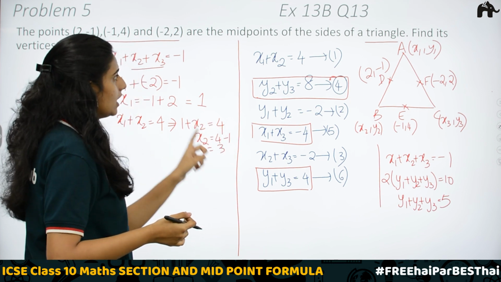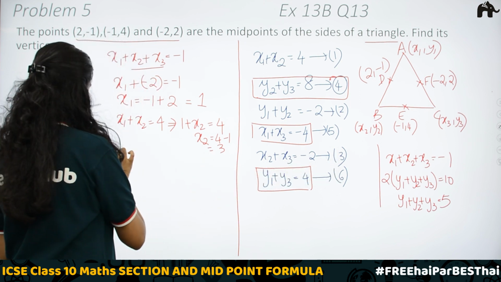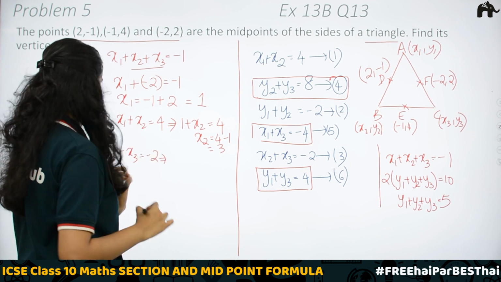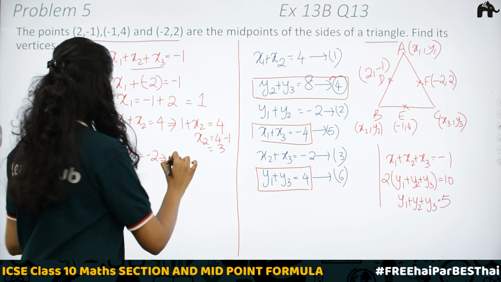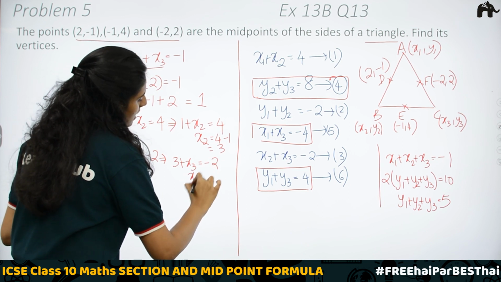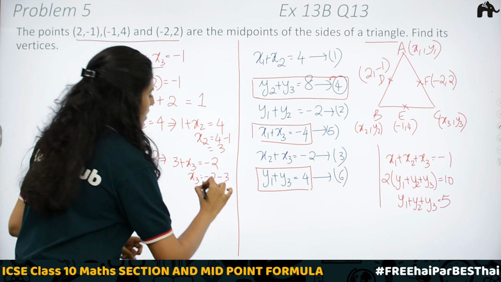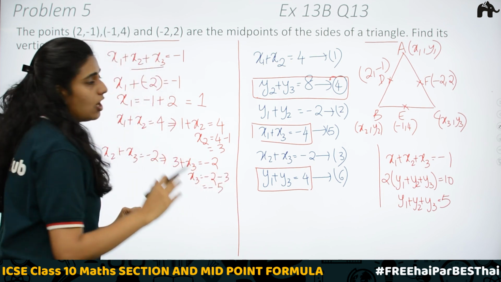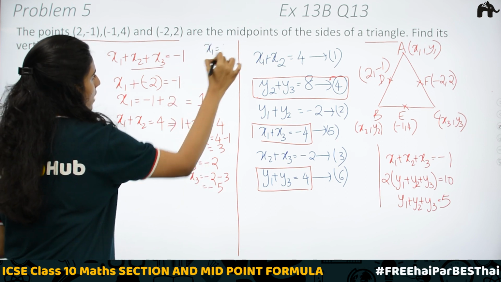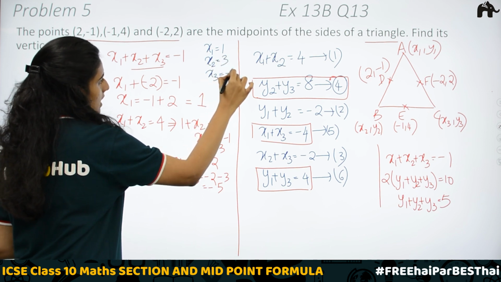Now substitute the value of x2 in the third equation. x2 plus x3 is equal to minus 2, which implies, value of x2 is 3, 3 plus x3 is equal to minus 2, or x3 is equal to minus 2, taking this 3 to the opposite side, minus 3, which is minus 5. We got the values of x1, x2 and x3: x1 is equal to 1, x2 is equal to 3 and x3 is equal to minus 5.